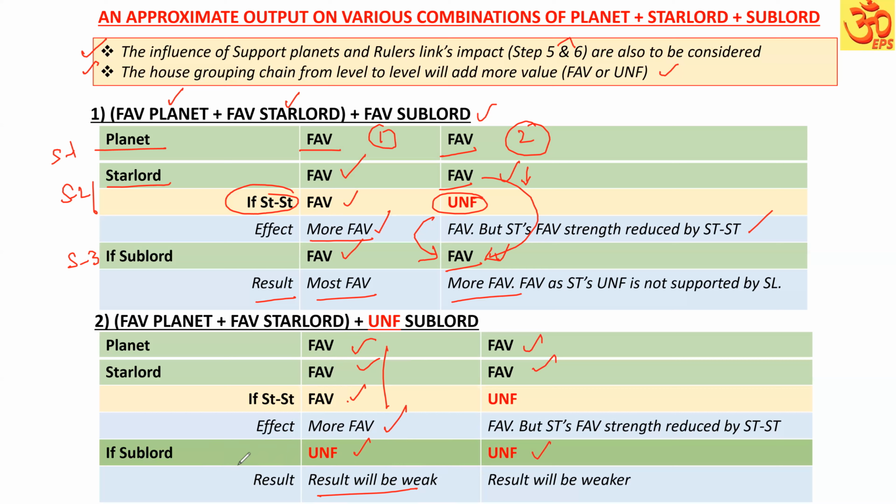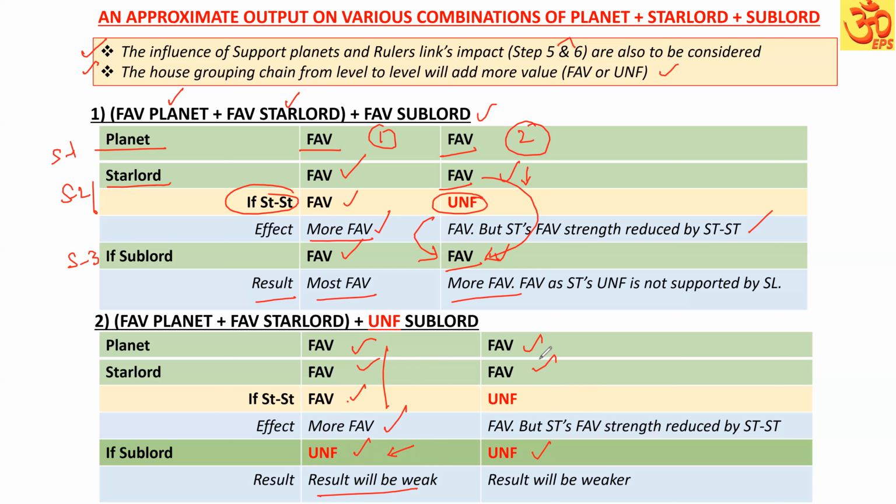Please understand, 3 levels are favorable, Sublord only unfavorable. Now, the impact of the supports, the impact of the ruler links, can reduce the unfavorable strength of the unfavorable Sublord also. So based on that only, the complete impact will be present. You have to keep that in mind.